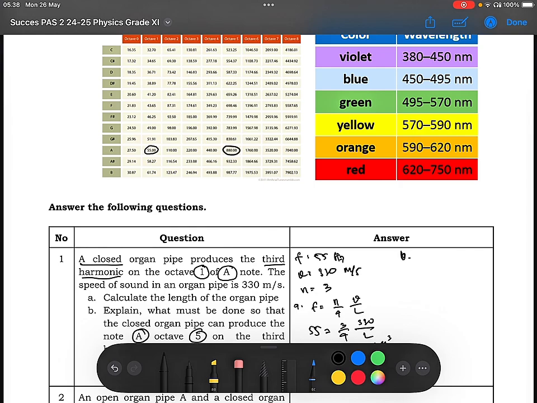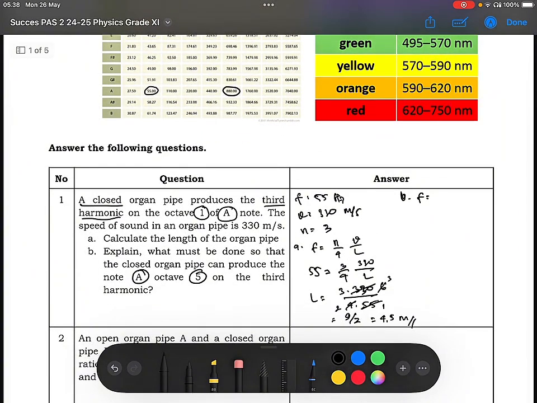This frequency is the same as the third harmonic, 3 over 4, v over L, is the same with the A, because it's a different number for the frequency.